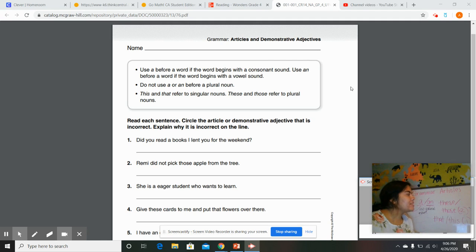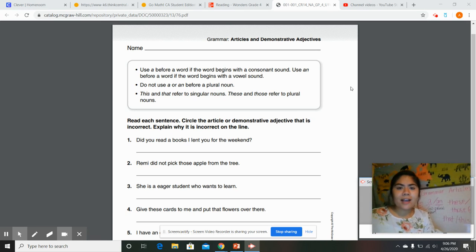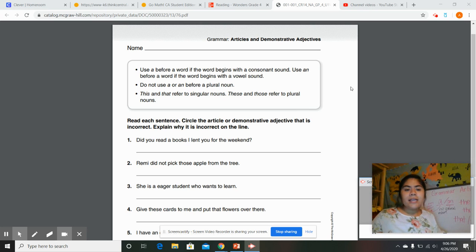Now, the reason the is so special is because, again, it moves around between being used for plural nouns and singular. And if you look at the example in this worksheet that I have posted here, it says, did you read a books I lent you for the weekend? Now, what you have to do is you have to circle the article they used.